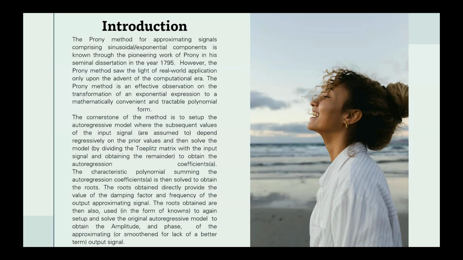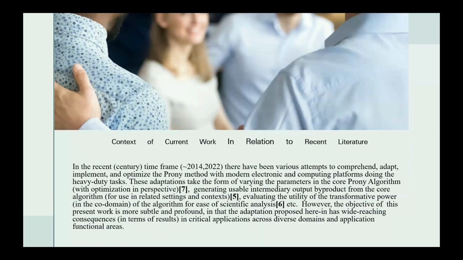So having said that, I'll go ahead and mention what is out there. From the 17th century, when Prony introduced the method, in recent times there have been attempts to comprehend, adapt, implement, and optimize the Prony method with modern electronic and computing platforms doing the heavy-duty tasks.